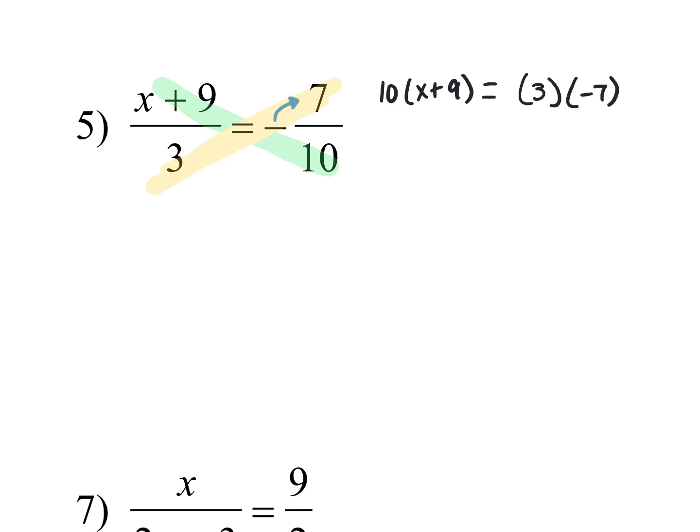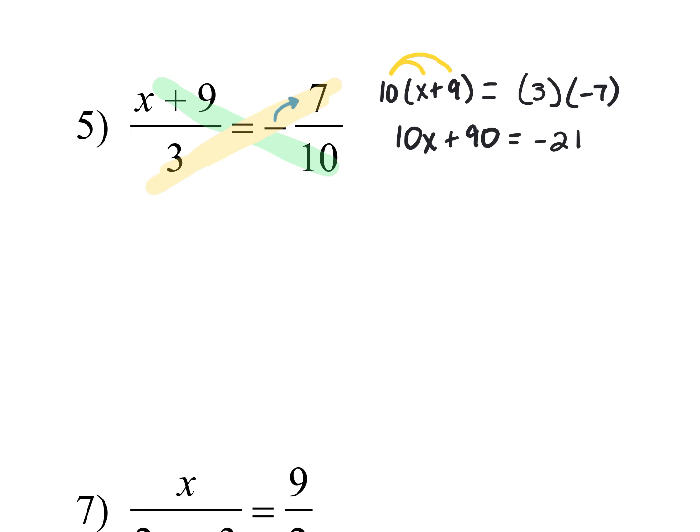As you go through this, you've just got to make sure that you're doing all the work. So you take that 10 and you distribute it. 10 times x is 10x. 10 times 9 is 90. And that is equal to, well, over here, 3 times a negative 7, negative 21.